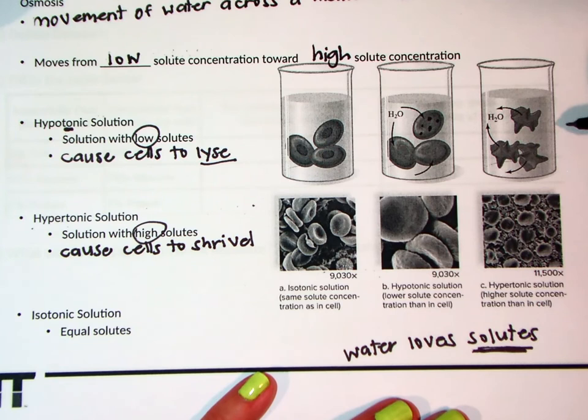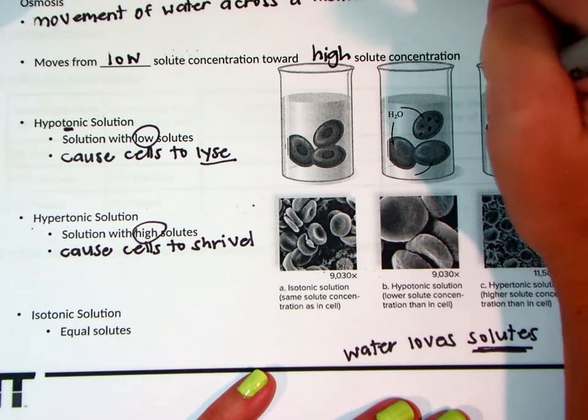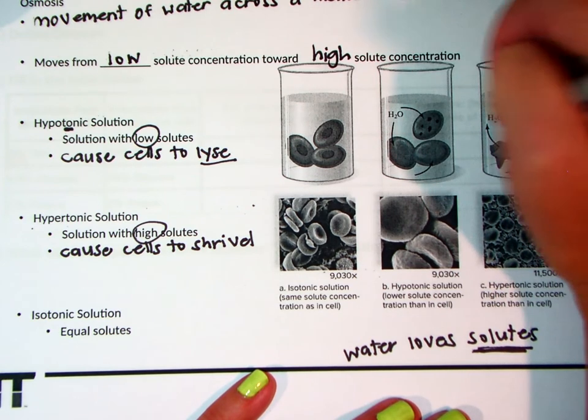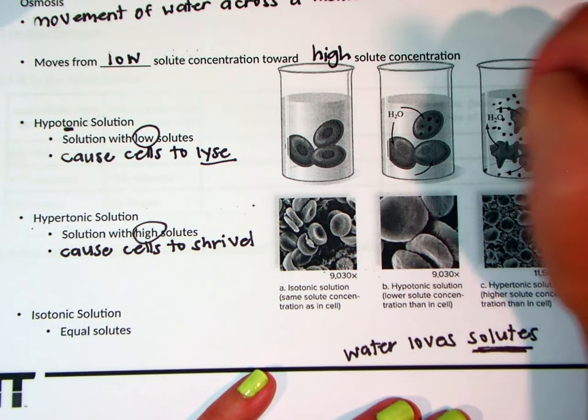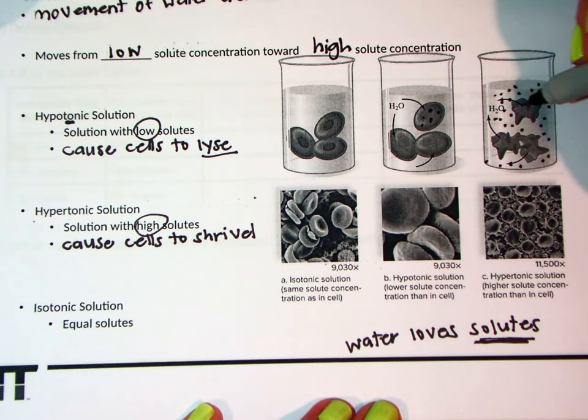So over here in this beaker, we would have a hypertonic solution. So maybe think of something like salt water or glucose here. It's just got a lot of solutes in it. And remember, water loves those solutes, so it's going to want to move to wherever those solutes are. So in this case, water would leave the cell and go to the solution, and the cells would shrivel up. And then again, is that ever a good thing? Probably not.